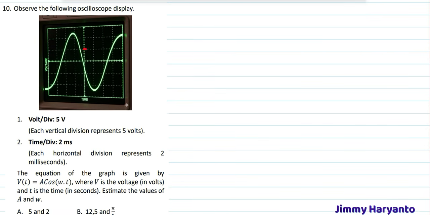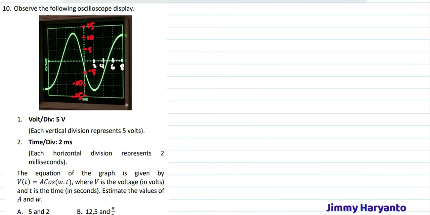So this one is 5, this one is 10, this one is 15, and this one is -5, this one is -10, and this one is -15. For the horizontal, each square represents 2 milliseconds. So this one is 2, this one is 4, this one is 6, this one is 8. The situation is like that.